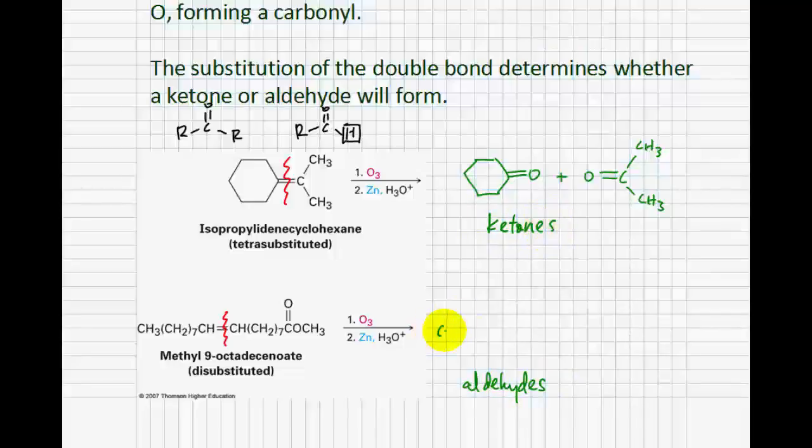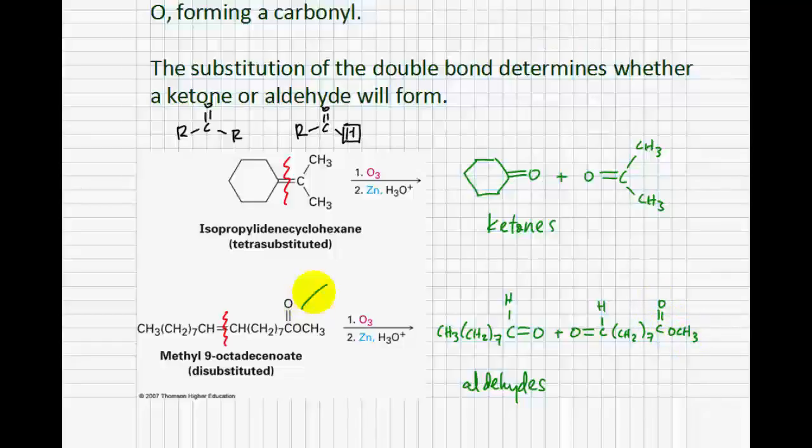So CH3, CH2, 7, CH, and now C double bond O instead of the double bond to the rest of the molecule. So same thing, O double bond C, still that same H attached. CH2, 7, C double bond O, OCH3.